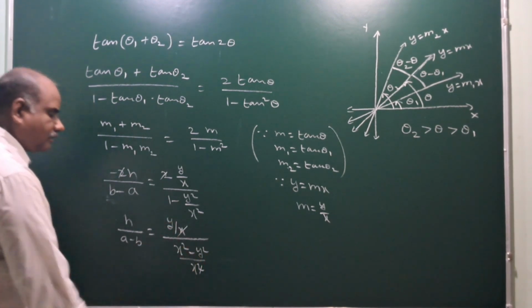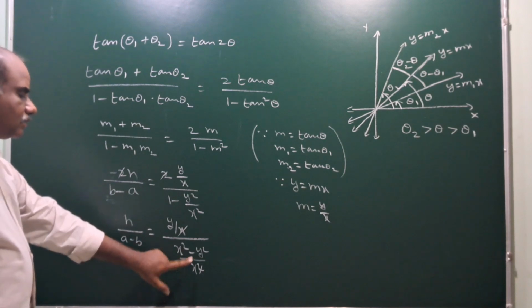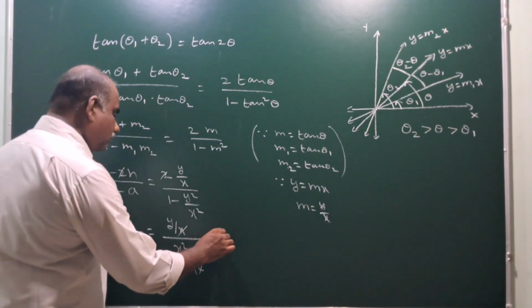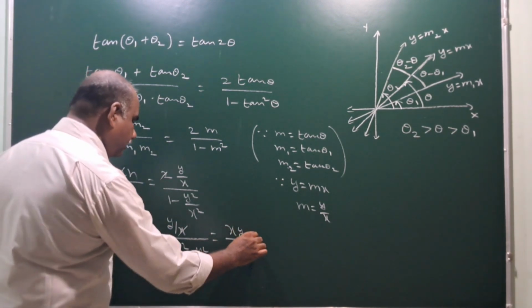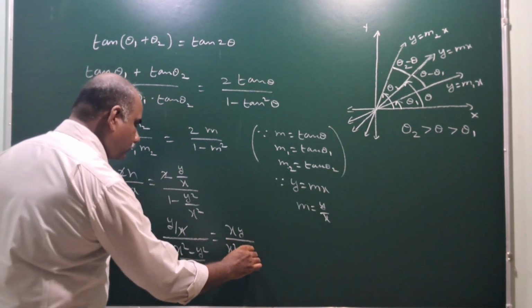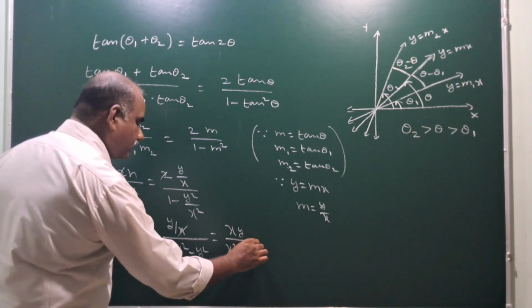One x is cancelled, and the remaining x goes to the numerator. It becomes xy by x square minus y square.